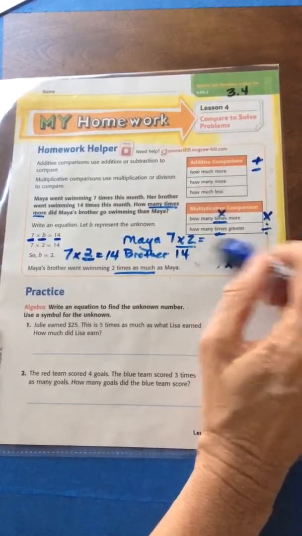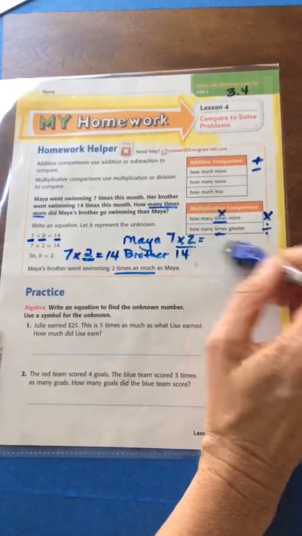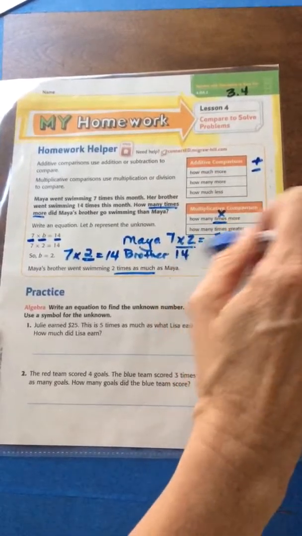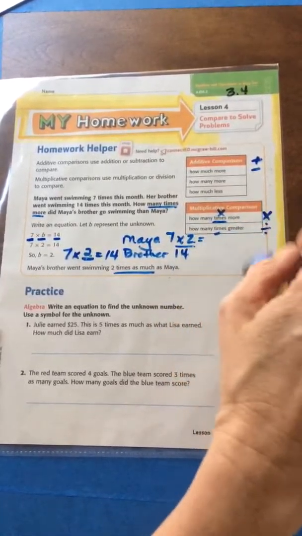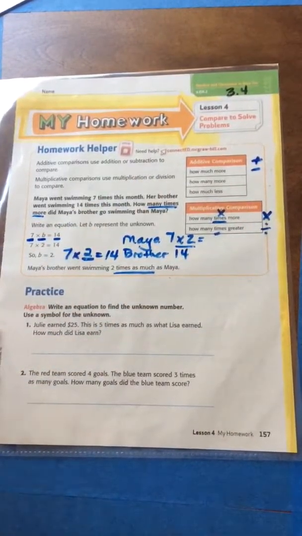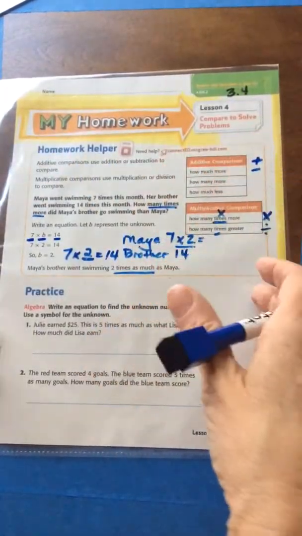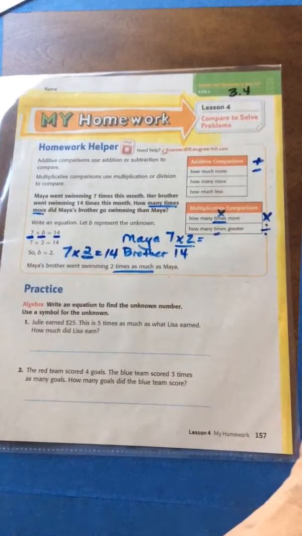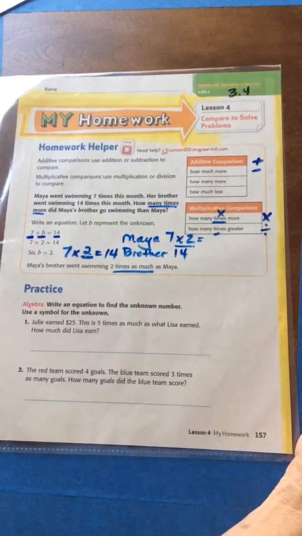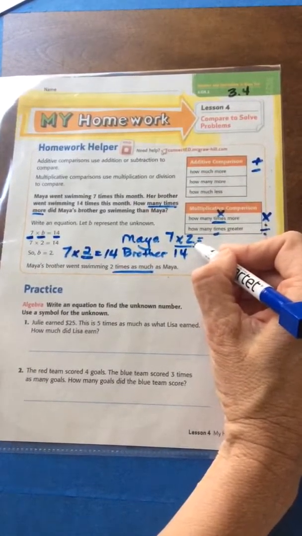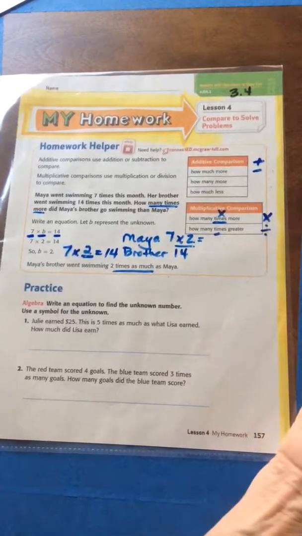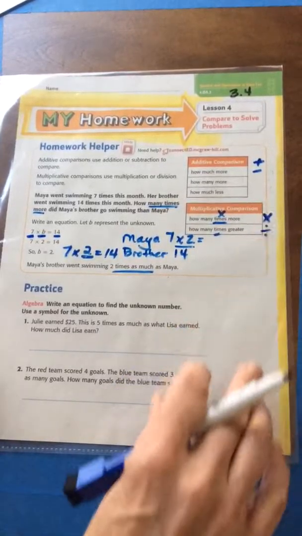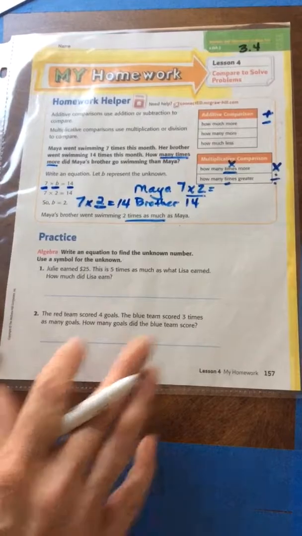No. So he went 7 more trips or 7 more groups of time he went to go swimming than she did. But if you're looking at it as a multiplication problem, he did twice as many swims as she did. Okay? All right.